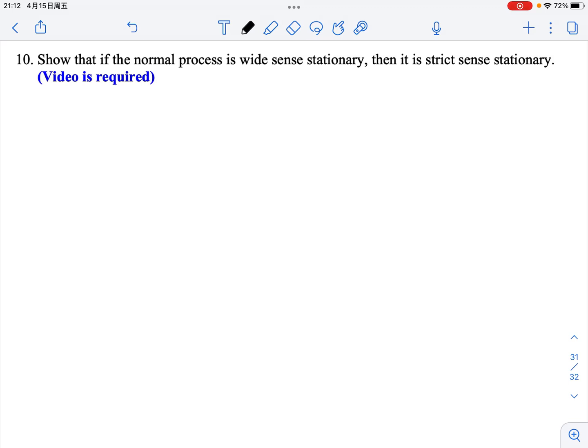To solve this question, we have to know what a normal process is.